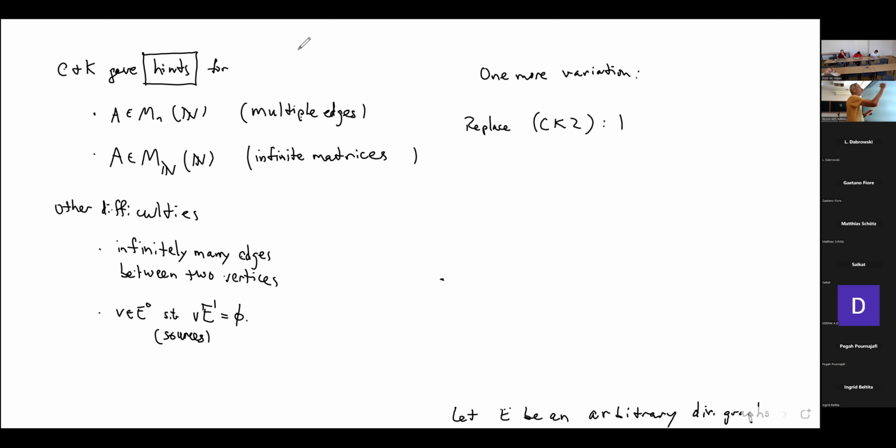I hope I wrote it this way: P_I was the sum over J with A_IJ equal to 1 of S_J S_J star. So that was the second Cuntz-Krieger relation.